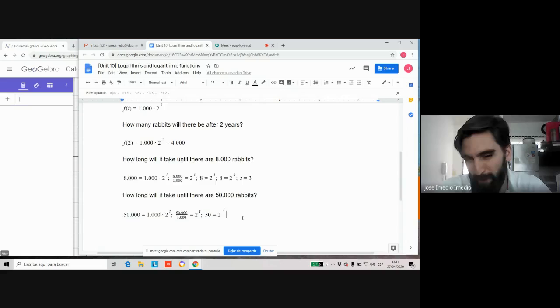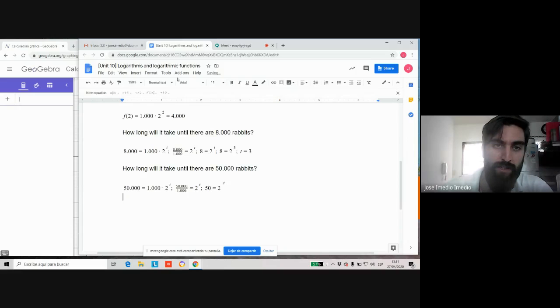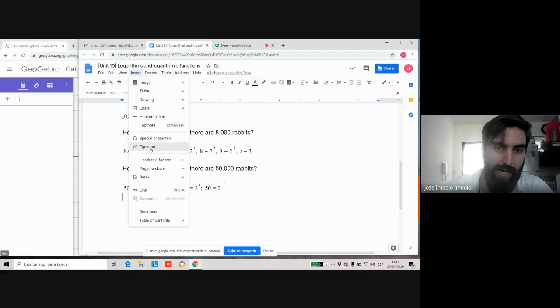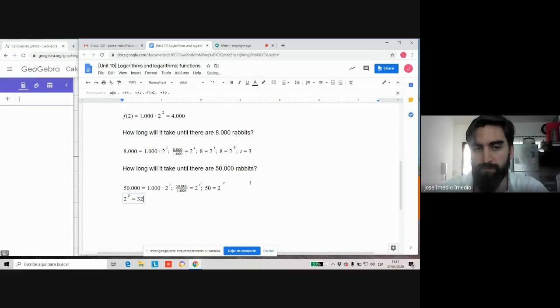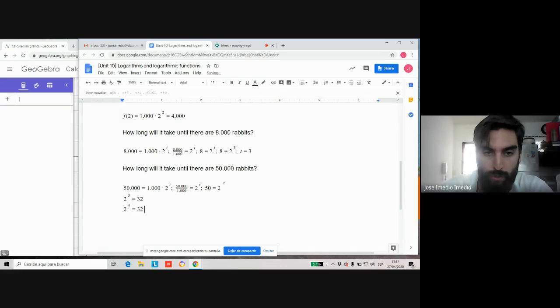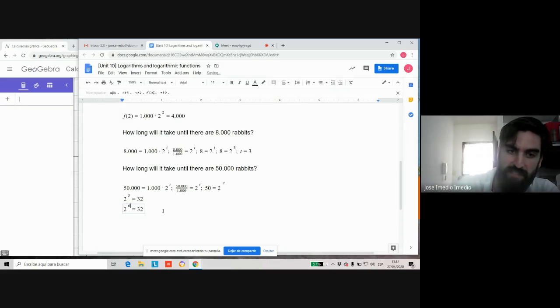What happens here? My problem is that I know that 2 to the power of 5 is 32. I also know that 2 to the power of 6 is 64.